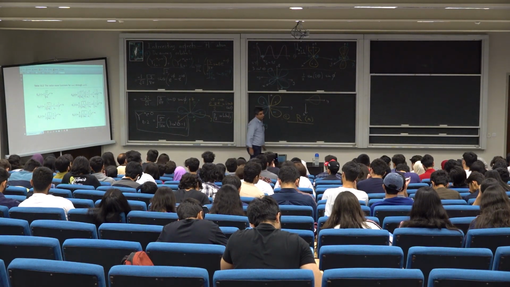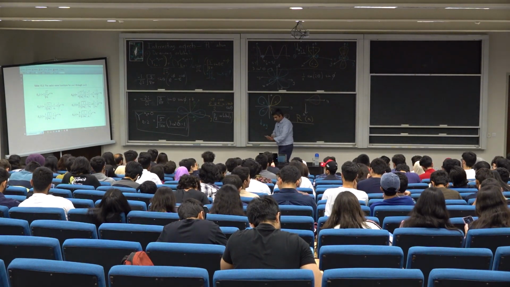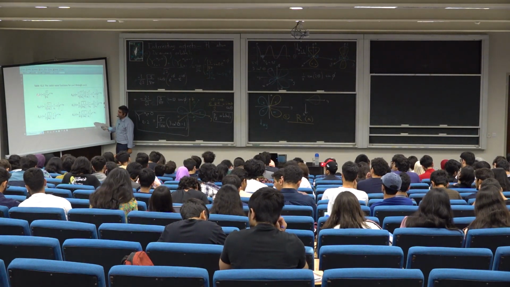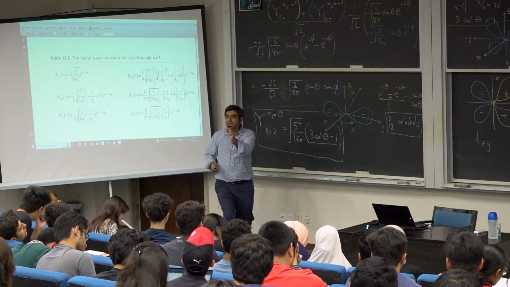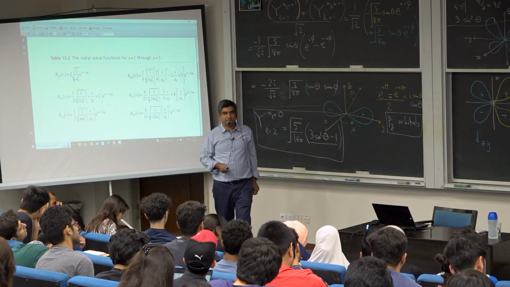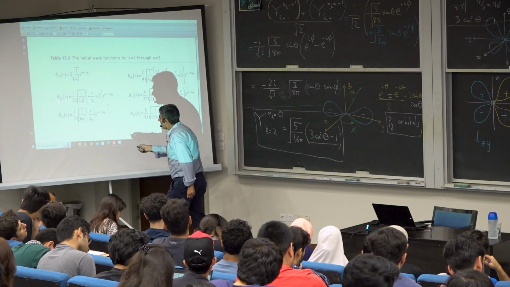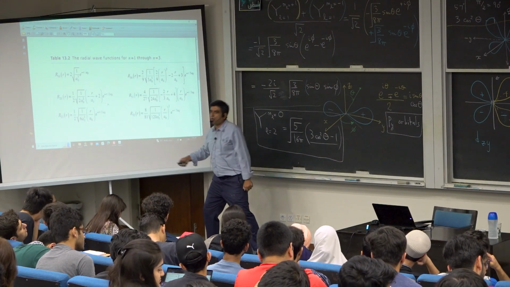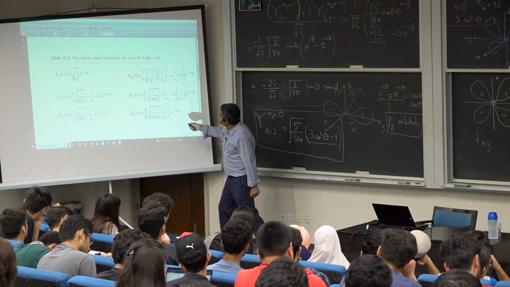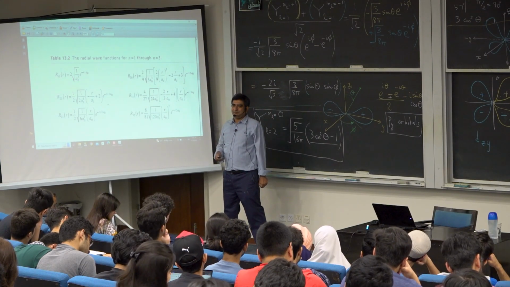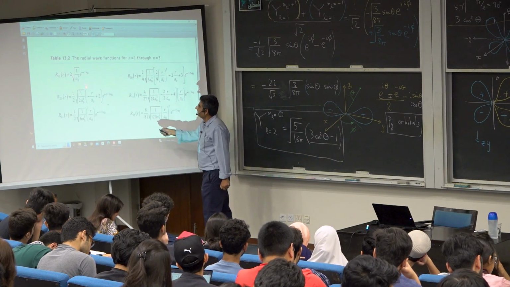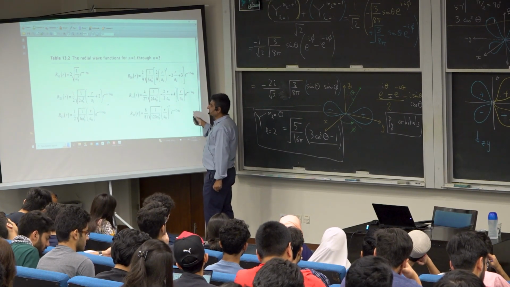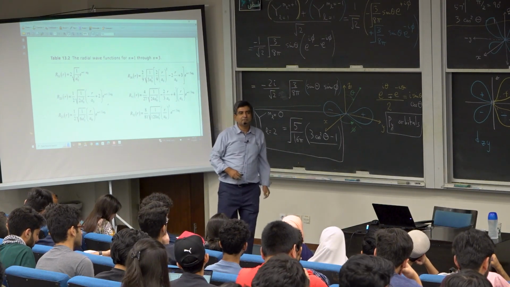Now here we have a listing of radial wave functions. So this is n equals 1, L equals 0, a 1s orbital. This is a 2s orbital, a 2p orbital, a 3s orbital. So let me draw a 1s orbital, a 2s orbital, and a 3s orbital, and plot them as a function of r.